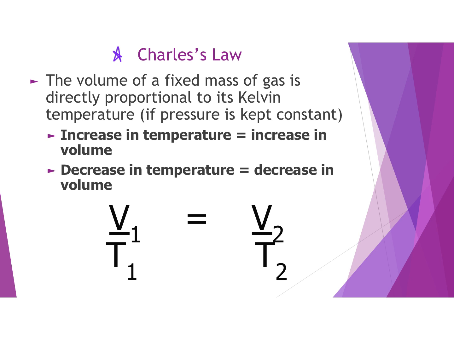Charles's law says the volume of a fixed mass of gas is directly proportional to its Kelvin temperature as long as pressure is constant. In simplified terms, if you increase the temp, you increase the volume. If you decrease the temp, you decrease the volume.